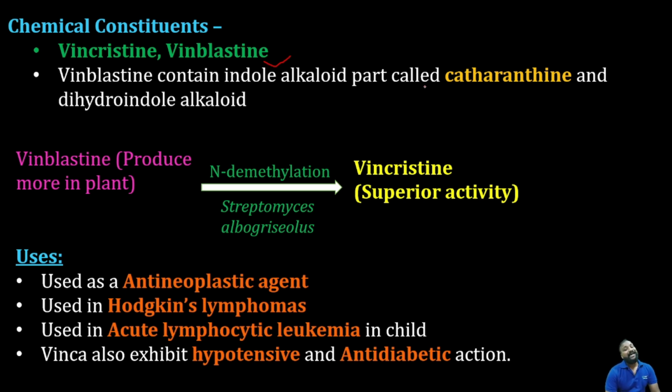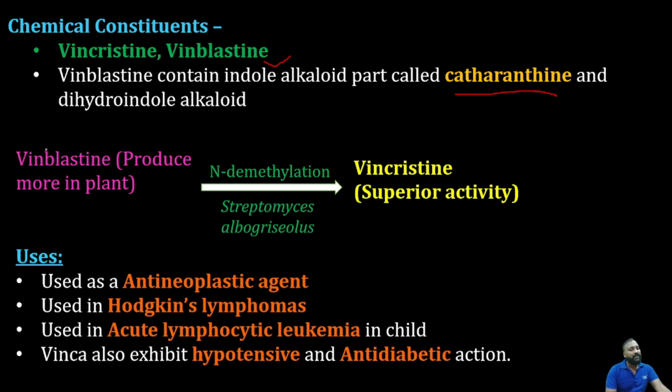It also contains dihydroindole alkaloids. Apart from that, it has vincristine, vinblastine, vindoline, vincolidine, and vinleurosine. So these are the constituents, and apart from that, it also contains ajmalicine. Okay, so they are all present there.